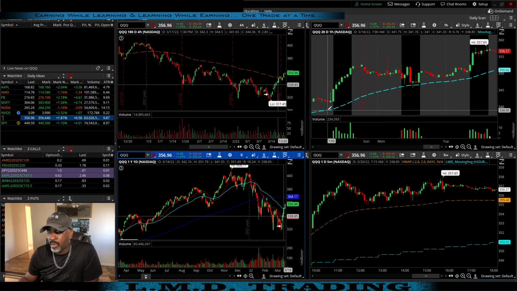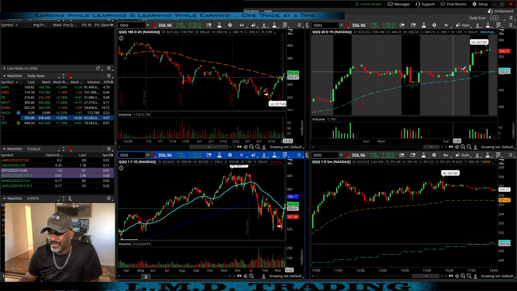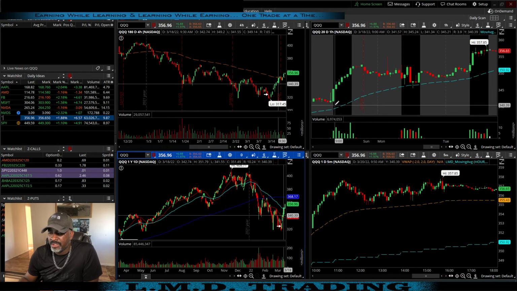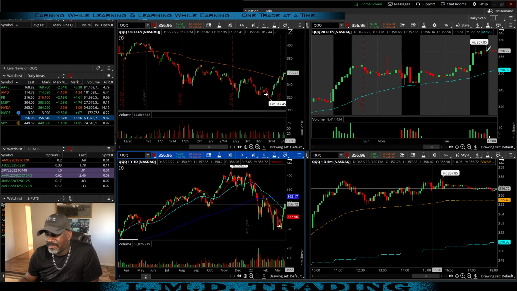Come over to the hourly, as with the other ones. Shorter time frame, it's in an uptrend. We clearly see that on the 50 moving average. And if we just go from Friday, it was at 341. Today, it's at 356.